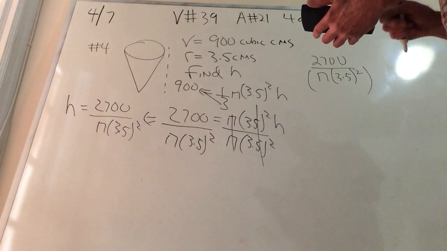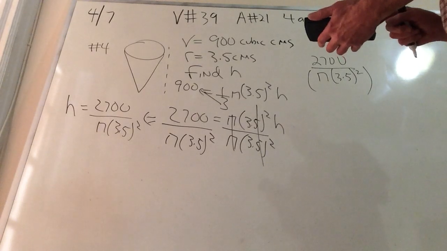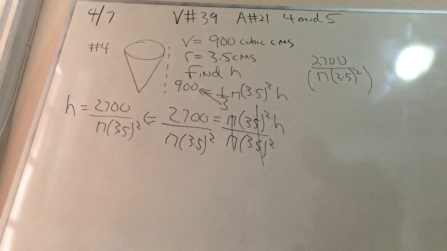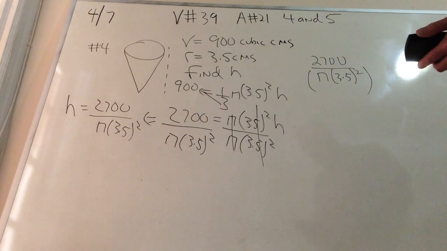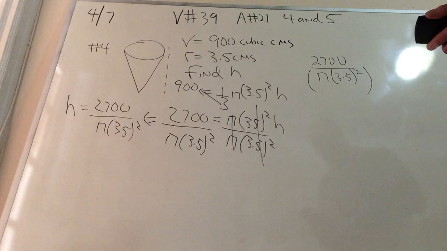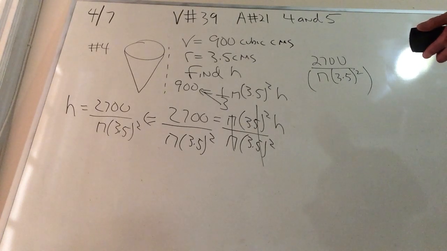Entering in the calculator, I turn it on, I clear it out. 2700 divided, parentheses, the pi button, times, oops, I got to go back one, made a mistake there, 3.5. Square button works, you don't need that with order of operations. And now I have to close that off.